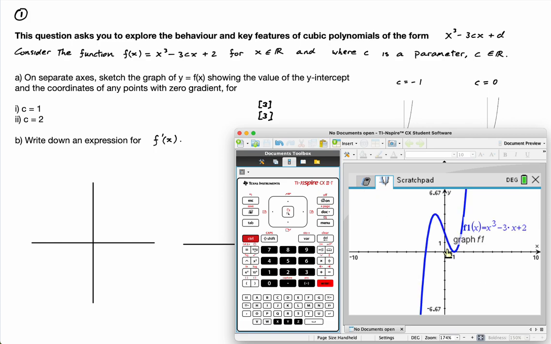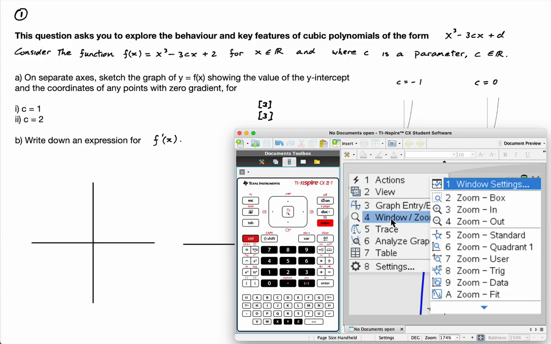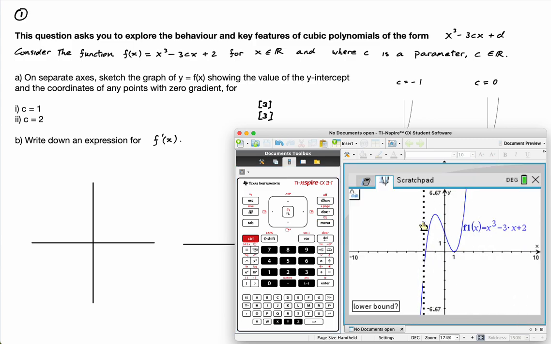Now, what does he want? He wants the y-intercept and the coordinates of any points with 0 gradient. So that's turning points. So that's this point and this point. He doesn't actually say he wants the x-intercept. So fine, we don't have to put the x-intercept if that's what he's saying. I'm going to use the analyze graph function, because this will give us the exact values.